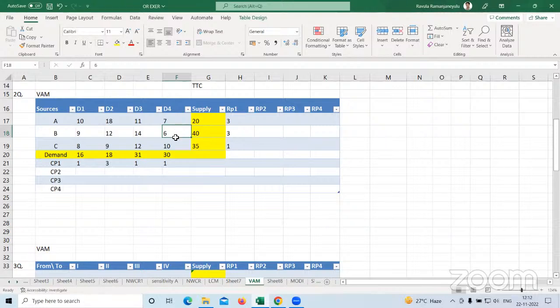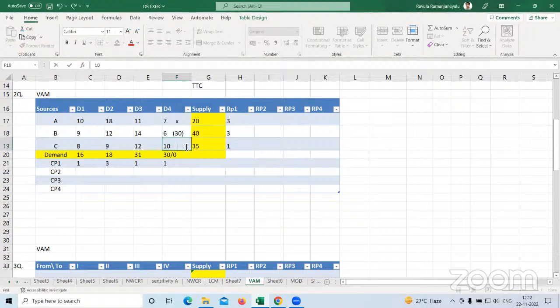So to allocate it, what we need to do? Compare the total demand and the supply. Whichever is less, that is 30. So 6 into 30 will be giving us the least cost, so that this 30 becomes 0. And that means 40 further becomes 10.